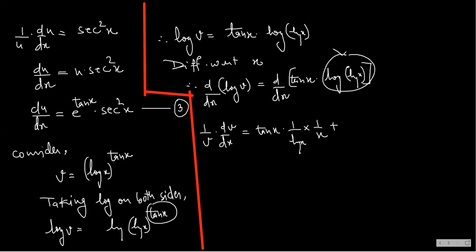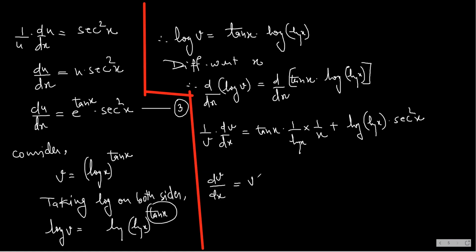Plus log x, derivative of tan x. So I have log of log x into sec square x. Therefore dv by dx would be, you multiply v here, tan x divided by x log x plus log of log x into sec square x.